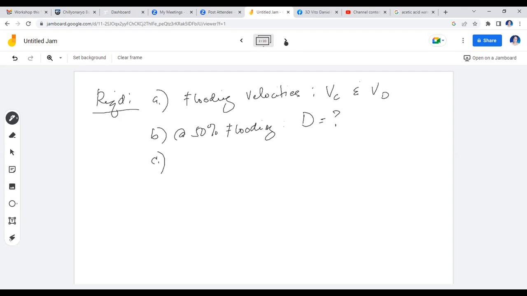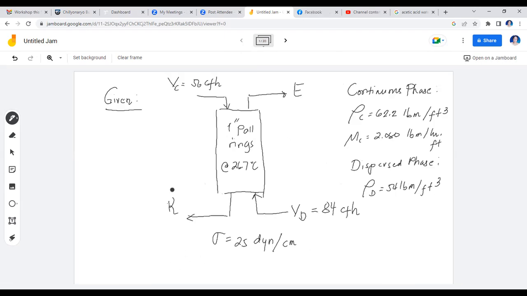Letter C, for n theoretical equal to 5 stages, what's the tower height, Z? Okay, that's our problem. These are the required information. This is our given information.